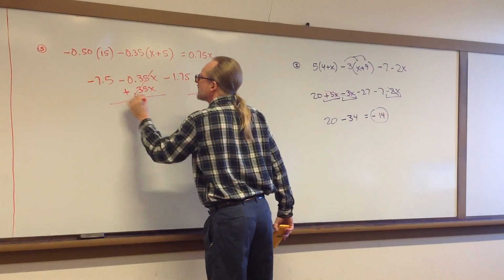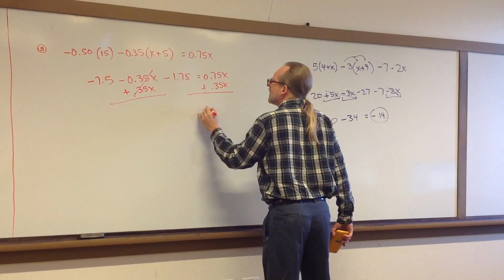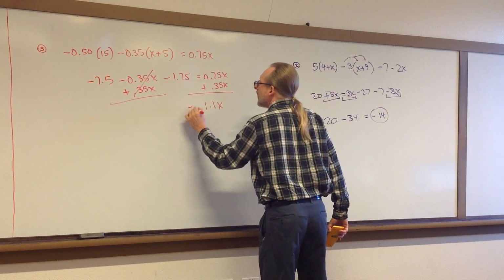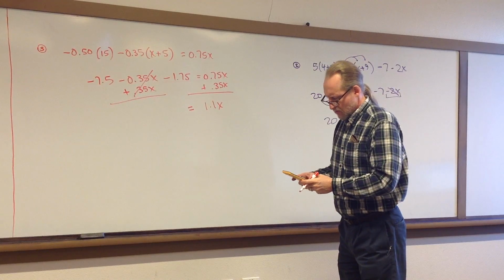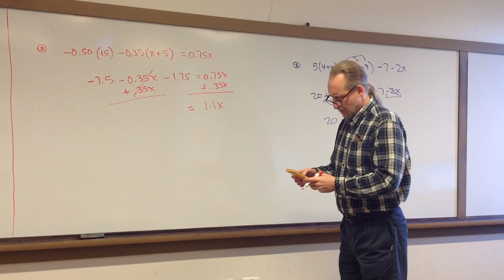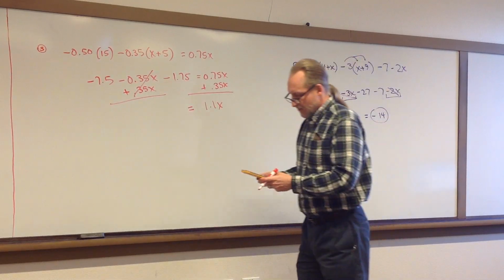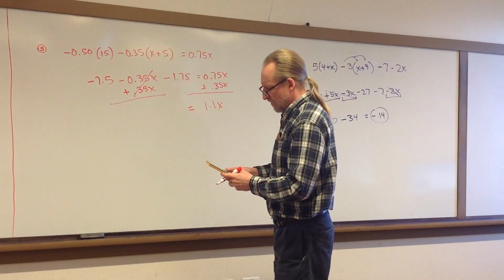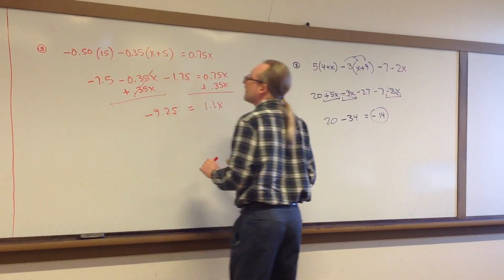So this will cancel out. Over here, let's see here. This is going to be 1.1x. There we go. And then over here, negative 7.5 minus 1.75, negative 9.25.